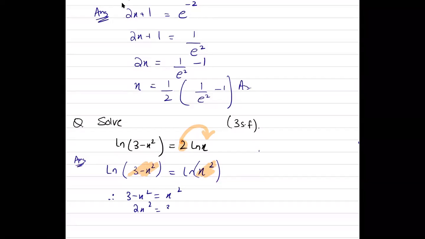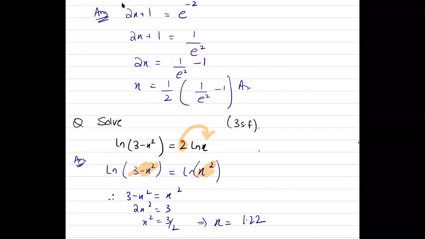Therefore, 3 minus x square is equal to x square. Then 2x square is equal to 3. X square is equal to 3 upon 2. And then x comes out to be plus minus root 3 upon 2, which comes out to be... What is the decimal value? 1.225. 1.2247.